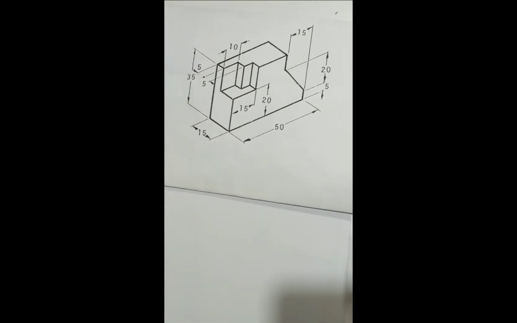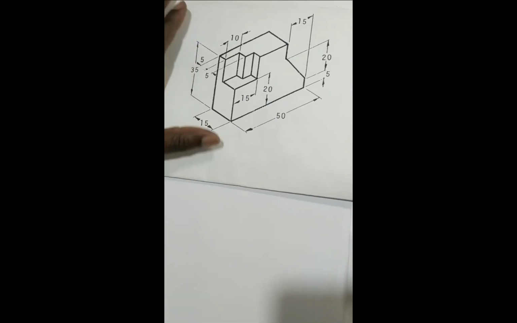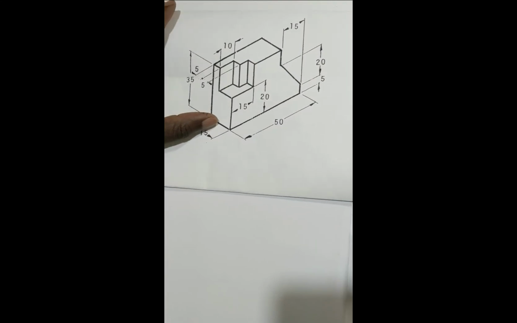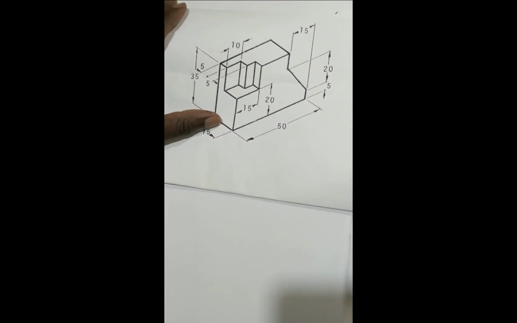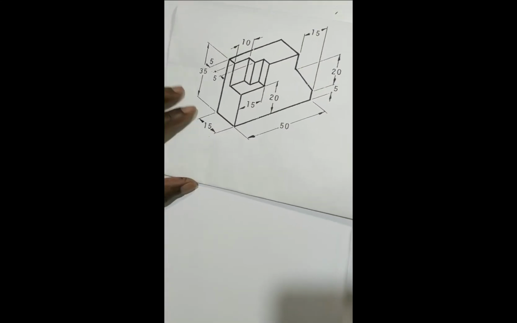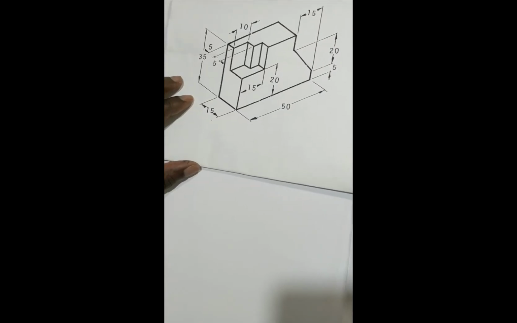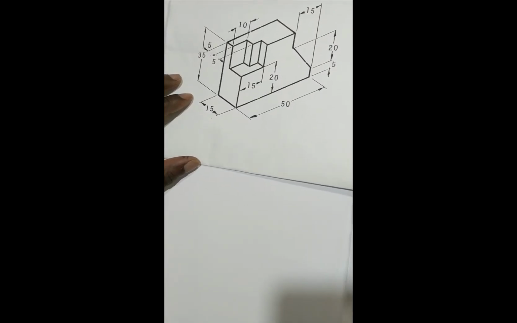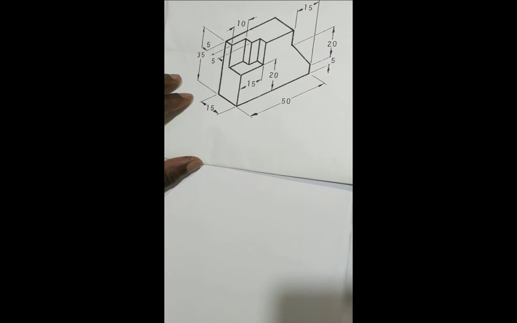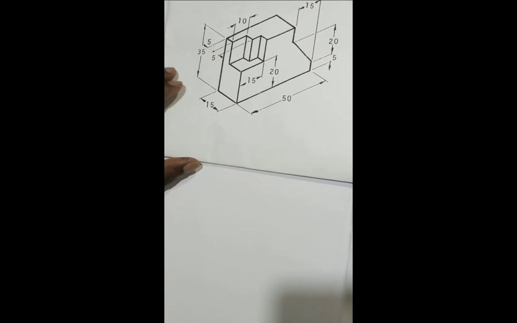So we are going to use this figure. We'll use this figure for our practice. And as you can see, it's a pretty simple figure which can be used to illustrate isometric drawing.